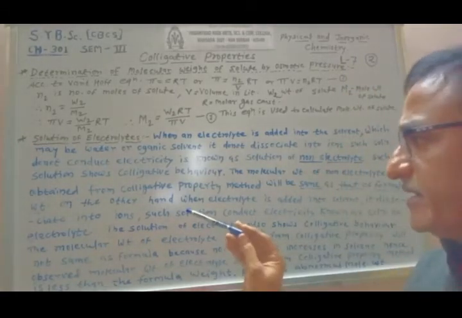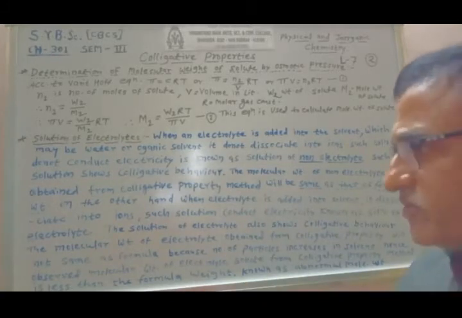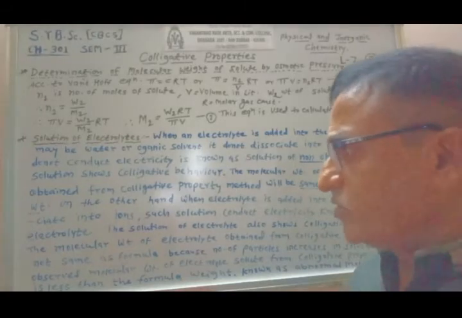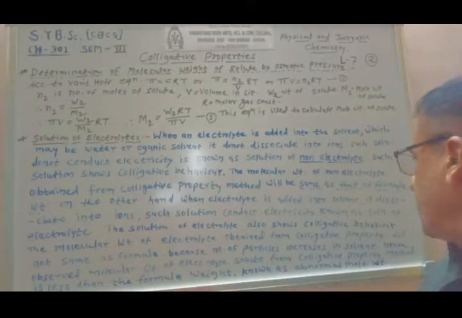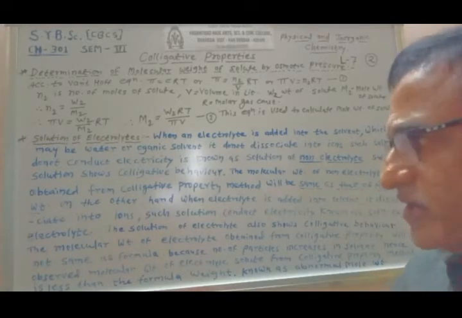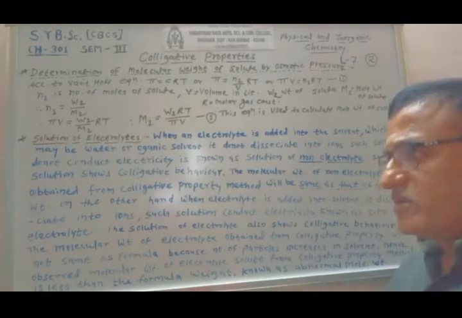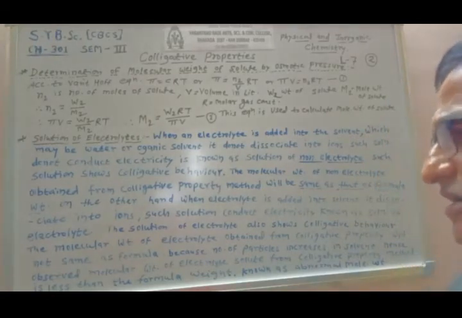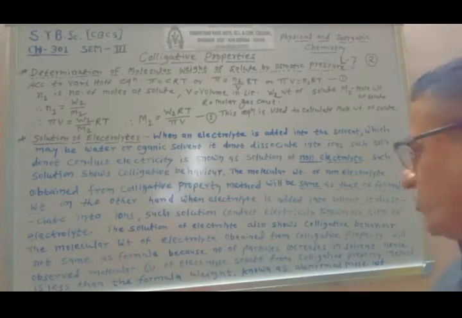On the other hand, when an electrolyte is added into the solvent, it dissociates into ions. Such a solution conducts electricity and is known as a solution of electrolyte. So the solution which conducts electricity is known as an electrolyte solution. The solution of electrolyte also shows colligative behavior.